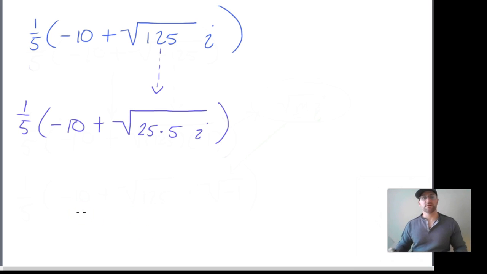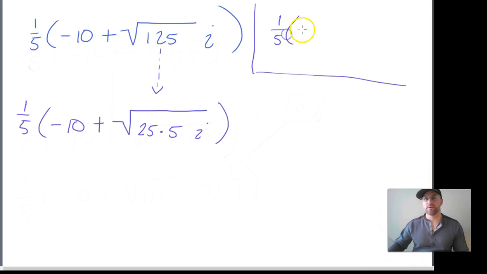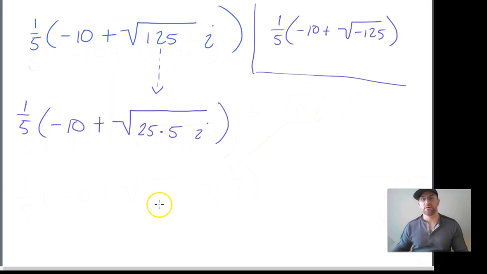So everything is legit. This is all equal to the original problem, which was 1/5 (negative 10 plus square root of negative 125). I'll put it in a box over here. So all this is equivalent. We haven't created data and we haven't gotten rid of data. We've just changed its form a little bit, making it more manageable in order to express in terms of i.